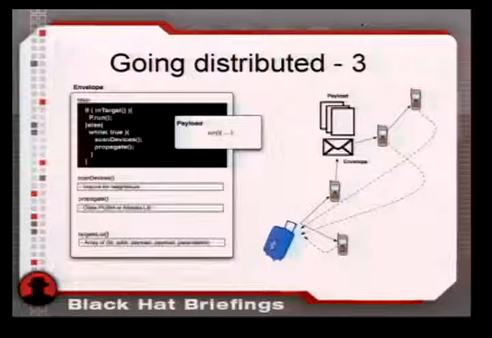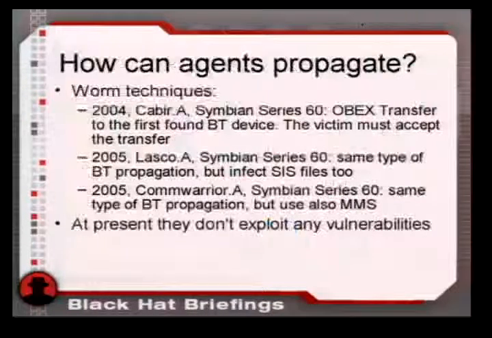Of course, having a target list and a group of payloads enables us to deploy different payloads to different targets to do whatever we want. How can that thing actually propagate? Worms up to now propagate using almost exclusively social engineering techniques.